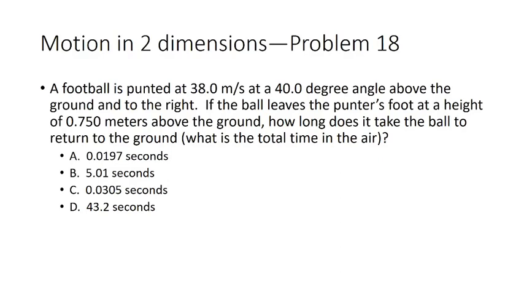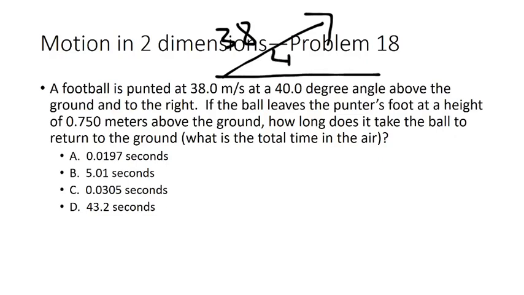Regardless, we're going to find it much the same way we did in previous problems. We're first going to draw our vector, 38 meters per second, at an angle of 40 degrees above the horizontal and to the right. We're going to draw down a vertical, and find the vertical component of our velocity.